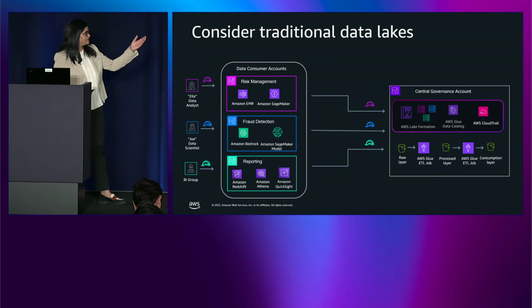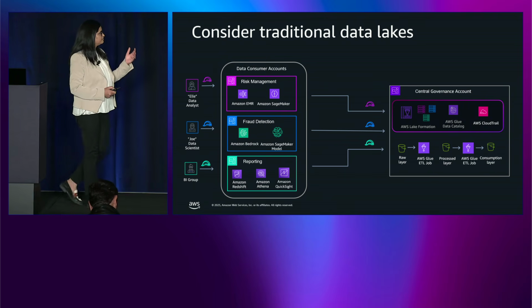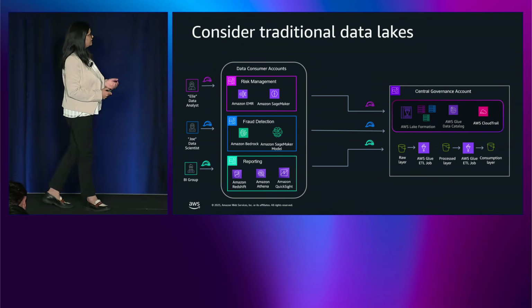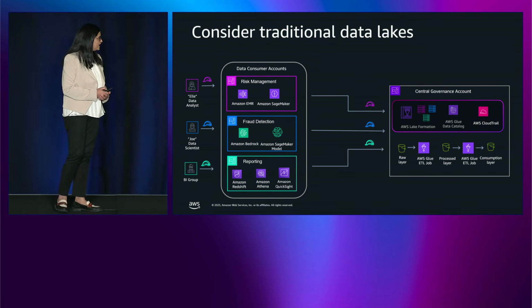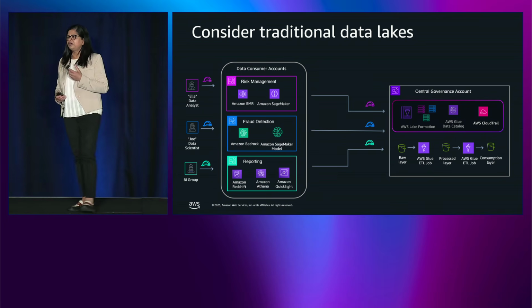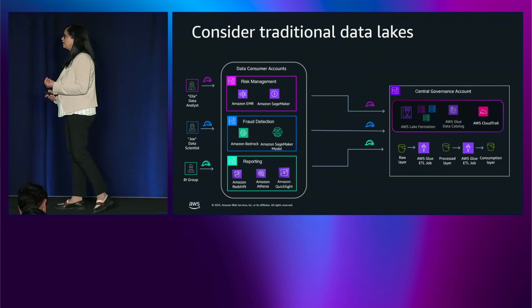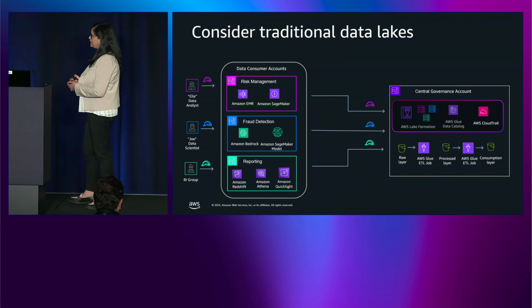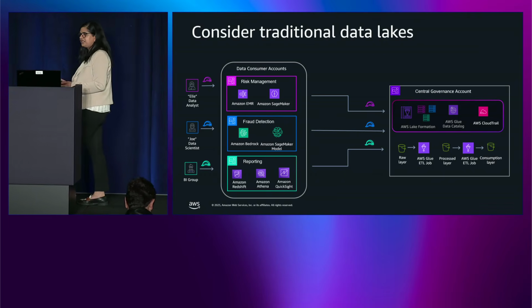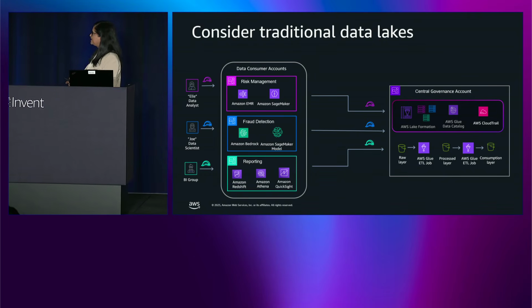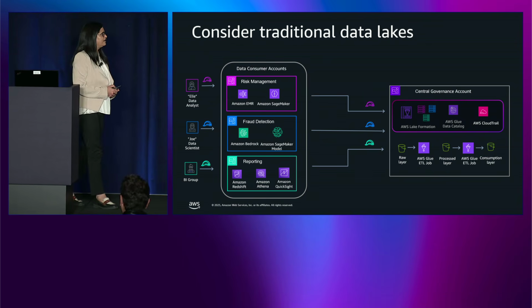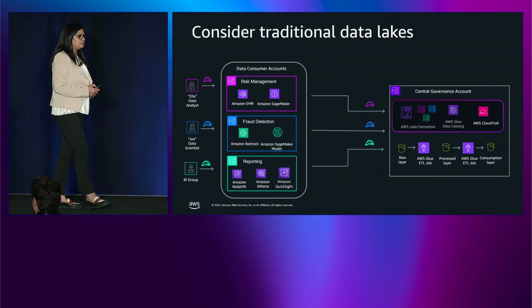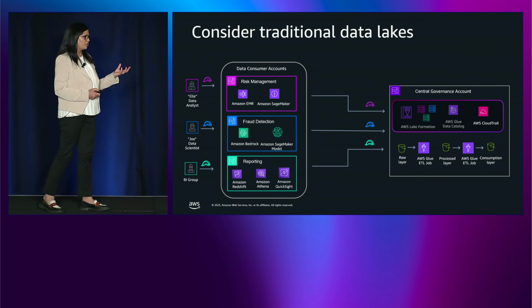If you take this example, you have three different users: L, the data analyst, Joe, the data scientist, and a group of users who belong to a group, the BI group. All these users are building different applications, and they are trying to access the data in your central data governance account. To do that, they're all using different roles.